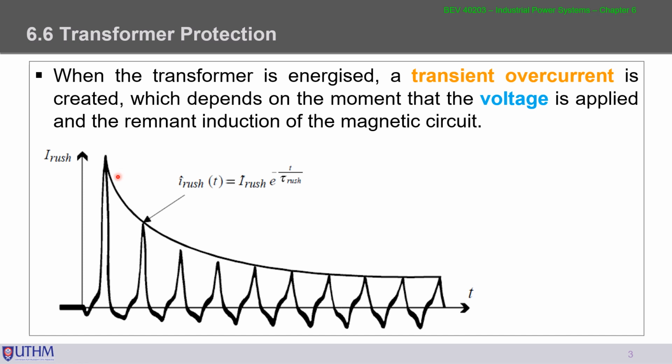The trend of the graph is exponential, and this is the inrush that happens during the energization of the transformer, due to the transient overcurrent. This is the formula for the inrush, and we can see that the inrush current depends on the damping time constant, which is tau.